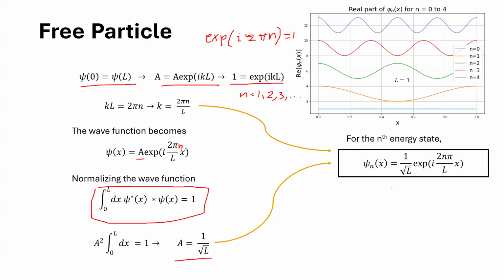So psi of x is equal to 1 over square root of L times exponential of i times 2 pi n over L times x.